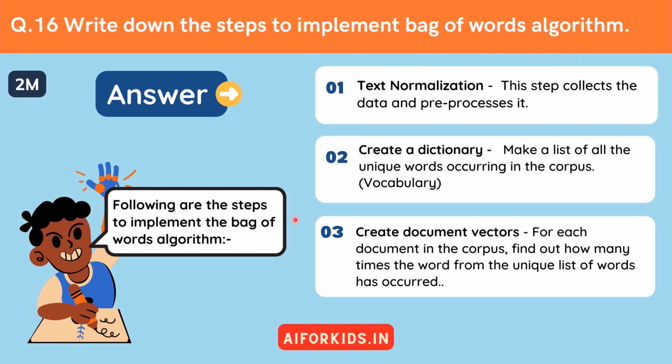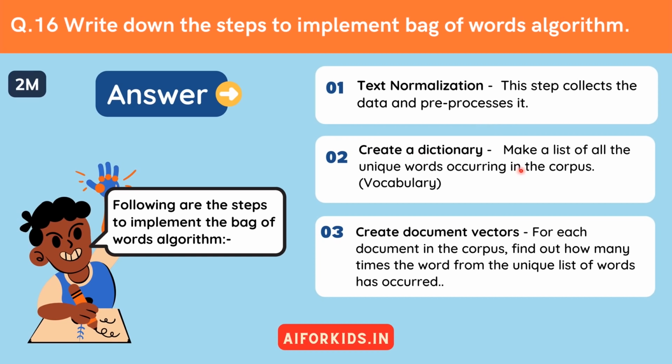The following are the steps to implement the bag of words algorithm. First one is text normalization. This step collects the data and pre-processes it. Okay, so what all is included in pre-processing? Pre-processing means removing the stop words, then segmenting the text, then lemmatization and stemming. So in text normalization, all these steps are included.